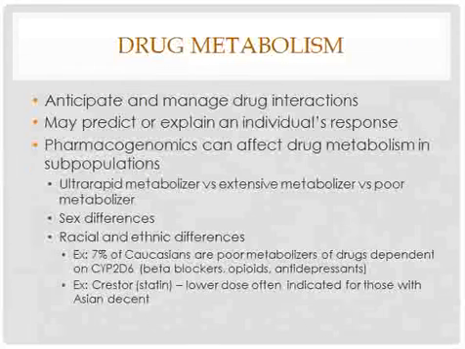And CYP2D6 is important for breaking down beta blockers, opioids, and antidepressants. So if you're one of the 7% of Caucasians who's a poor metabolizer for the drug, then those medications could be building up to toxic levels faster for you because you're not able to break them down. And similarly for Crestor, which is a statin, lower doses are often indicated for those from an Asian descent for the same reason. If you're not very good at breaking it down, then you might need a lower dose.